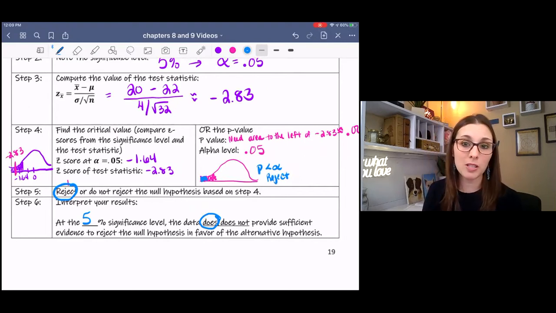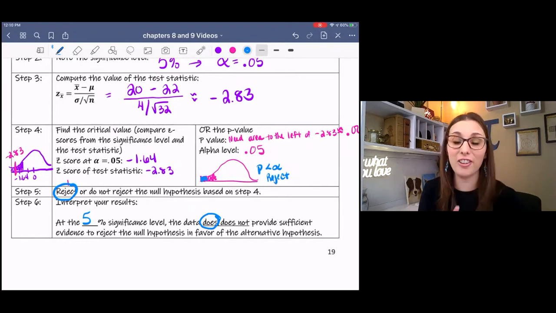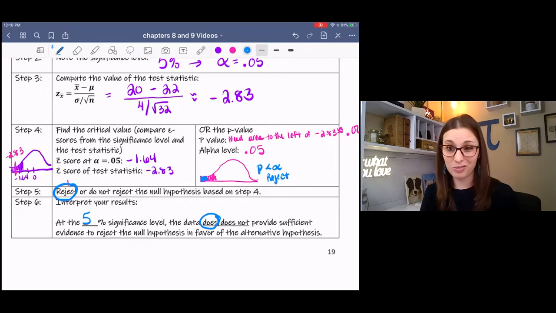Remember from one of my previous videos, we never, ever accept. We can simply reject or not reject. So we're basically just testing plausibility, whether this can be true or not. And based on our probability for this one, we're saying we're going to reject this population mean.